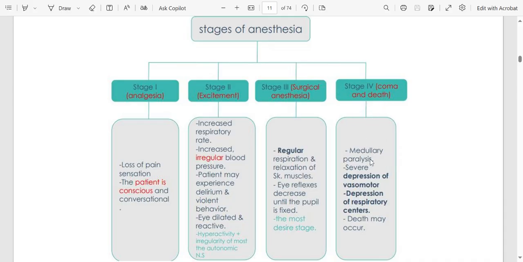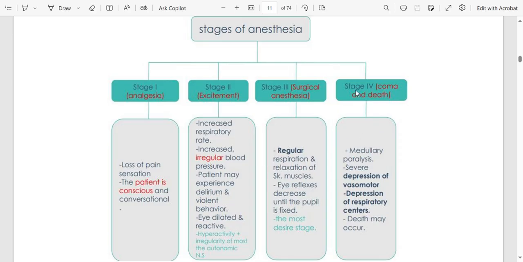So here, the medulla, you know that in the brainstem we've got the respiratory centers and the cardiovascular centers. The medulla is going to be paralyzed, and there's going to be severe depression of the vasomotor and respiratory centers. At this point, because it's so severe, death may end up happening.